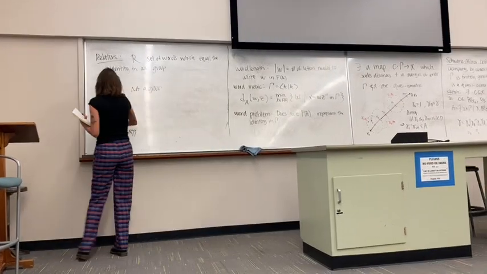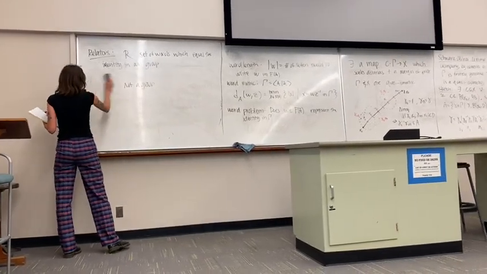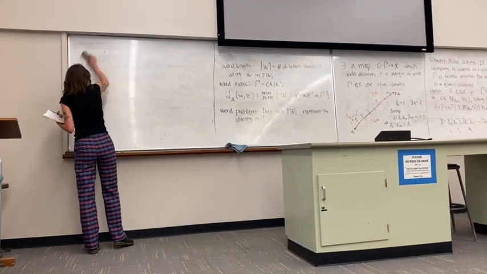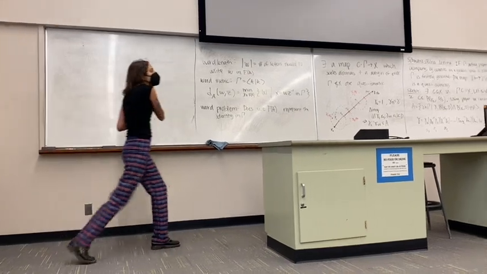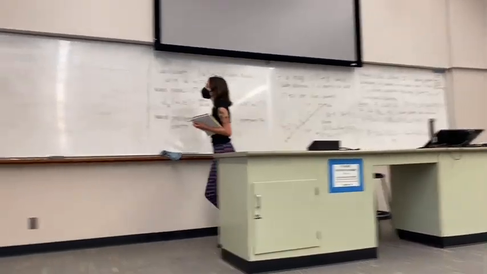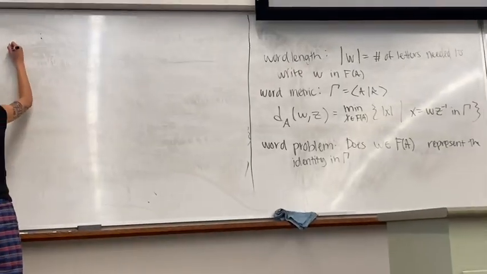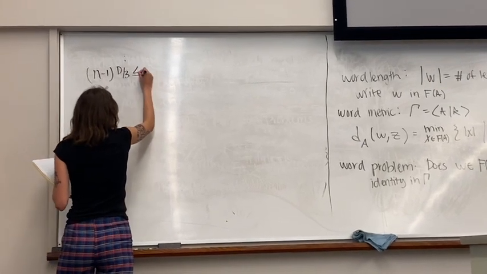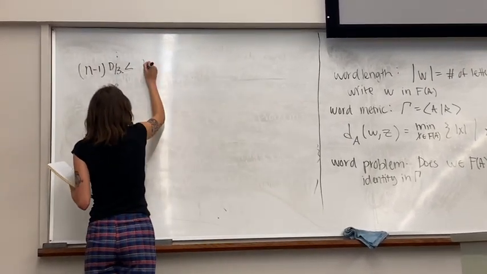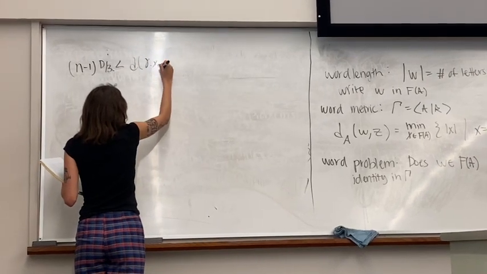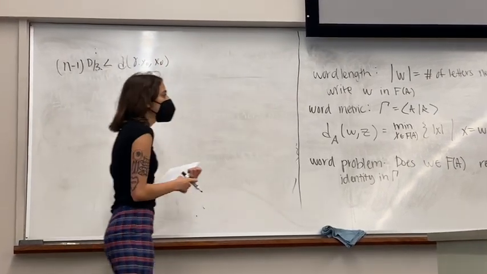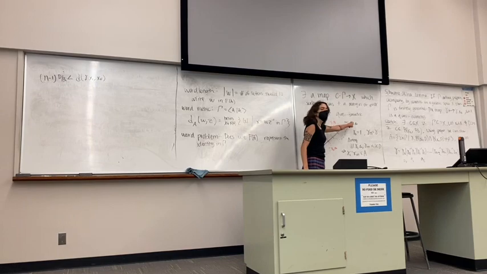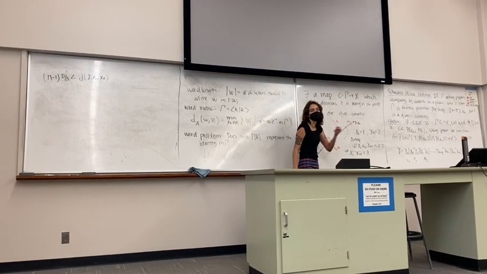Identify a map which takes elements from gamma, brings them to x, and which scales distances plus a margin of error. So, using this sort of picture, we can argue that (n minus 1) times d over 3 is strictly less than the distance from gamma dot x naught to x naught, because we've broken this up into (n minus 1) d over 3 sections and one section that's more than 0 but less than d over 3.